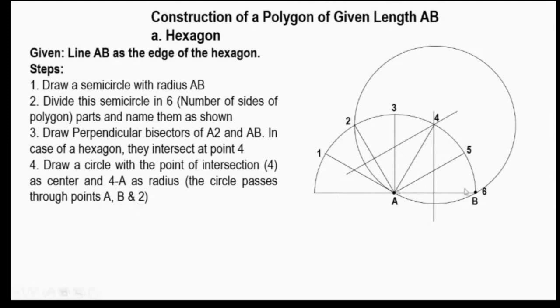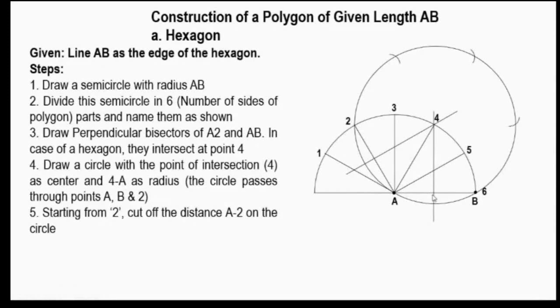Because AB is the edge of the hexagon and point number 2 will also have to lie on the hexagon, the circle has to pass through the points A, B, and 2. Then starting from point 2, cut off the distances A2 on the circle. So the distance A2 is the same as the distance AB. So starting from point 2, start drawing arcs on the circle.